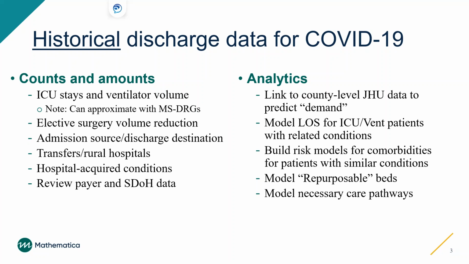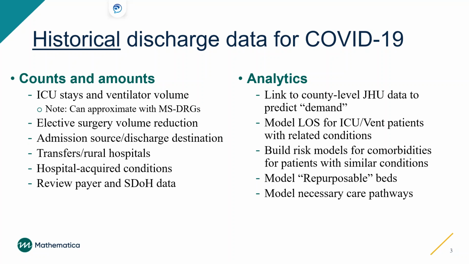But that's from a payment reform perspective. From the quality improvement and operational perspective, it would be good to get a sense of how often these things happen and what type of patients they happen in, even though they're rare, and understand how they impact length of stay, because that continues to be something important to manage.